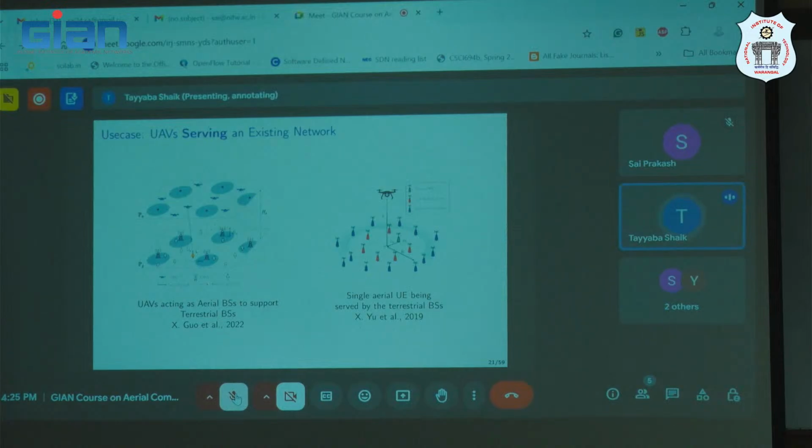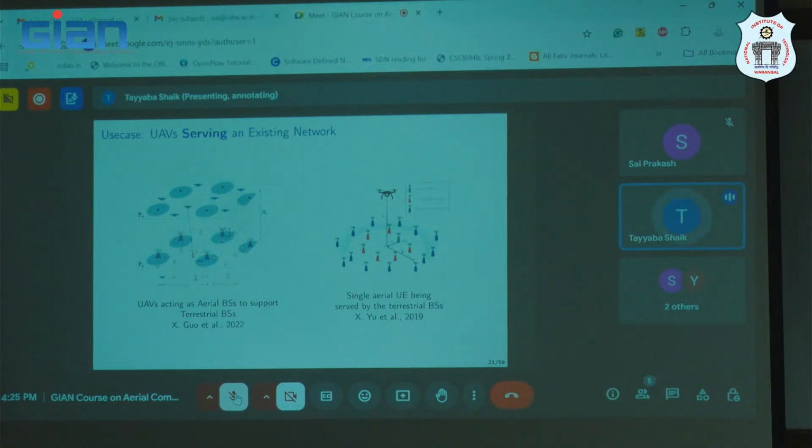In that case, you can ask for UAVs to provide the service to the user and improve the performance at the typical user. So that can be seen as one application where UAVs are used as aerial base stations.